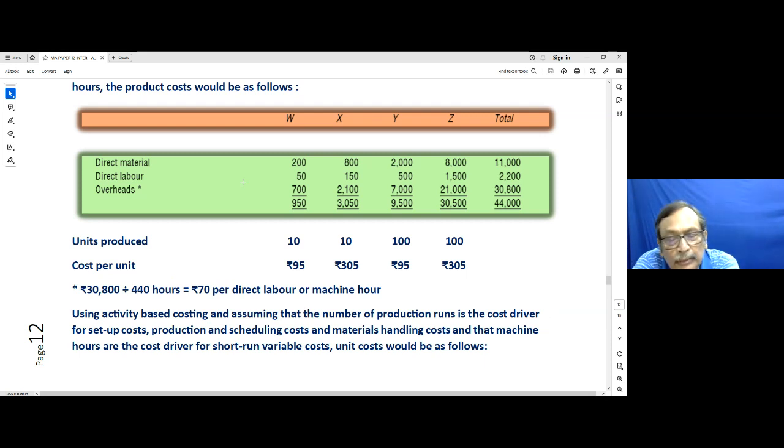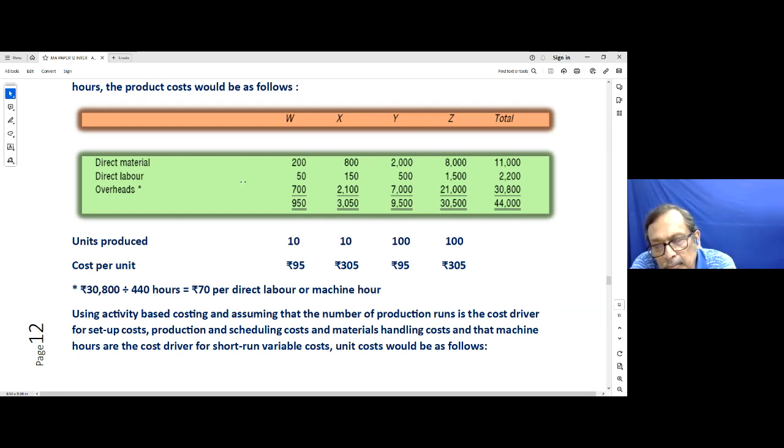Now, units produced are given in the question. So W cost per unit comes to 95, X comes to 305, Y comes to 95, and Z comes to 305.